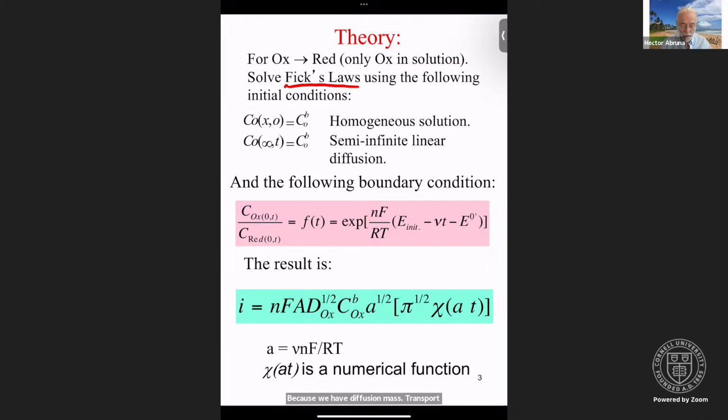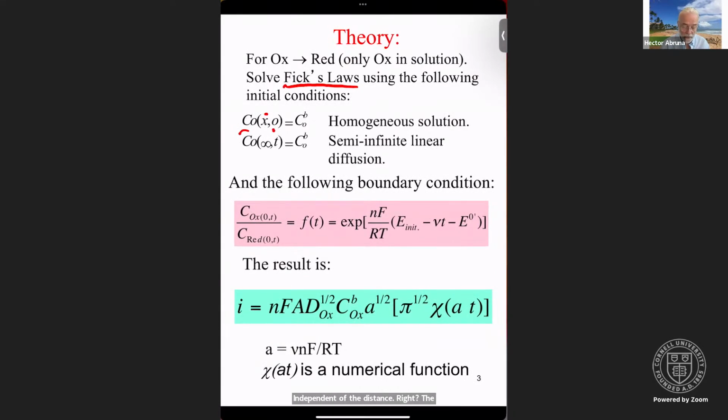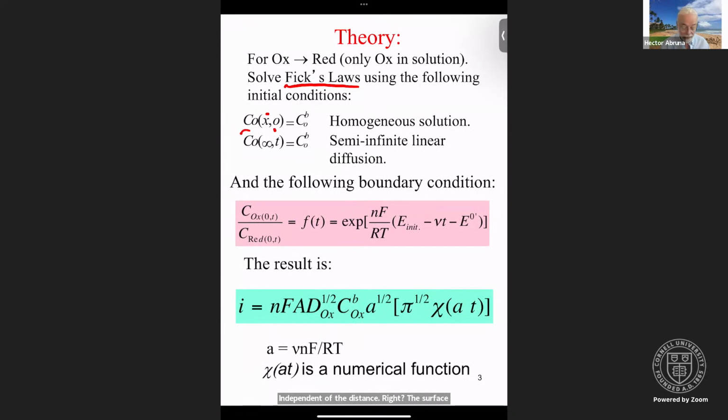In this case, we use the following initial conditions. The first one is the same we've had all along: at time equals 0, independent of the distance, the surface concentration of Ox is the bulk concentration of Ox. Once again, we have a homogeneous solution starting off.